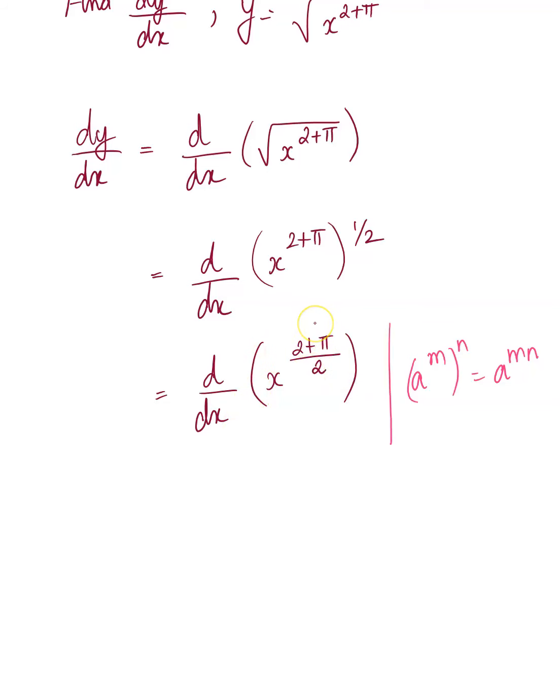Okay, now that I simplified the algebraic portion of it, I look at 2 plus pi over 2, which is in the power, and I know that this entire power will give back a number, a constant, right? Therefore, I can use the power rule of differentiation. Because remember, we have the same names for all these types. We have power rule for exponents, we have power rule for logarithm, we have power rule for differentiation, as we just saw, isn't it?